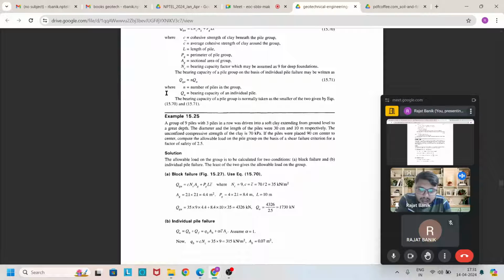Ag is the cross sectional area of the block. Here it is given 3 by 3 piles, and the center to center spacing is 90 centimeter, which is 0.9 meter.